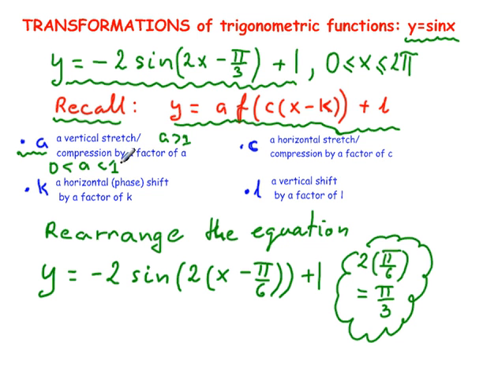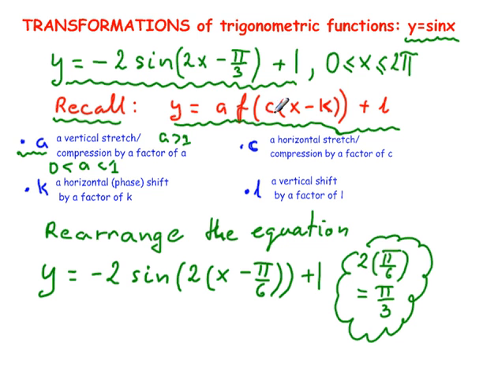What happens when coefficient A is negative? In addition to vertical stretch or compression, the negative sign causes the entire graph to flip in the x-axis. This is the reflection in the x-axis.